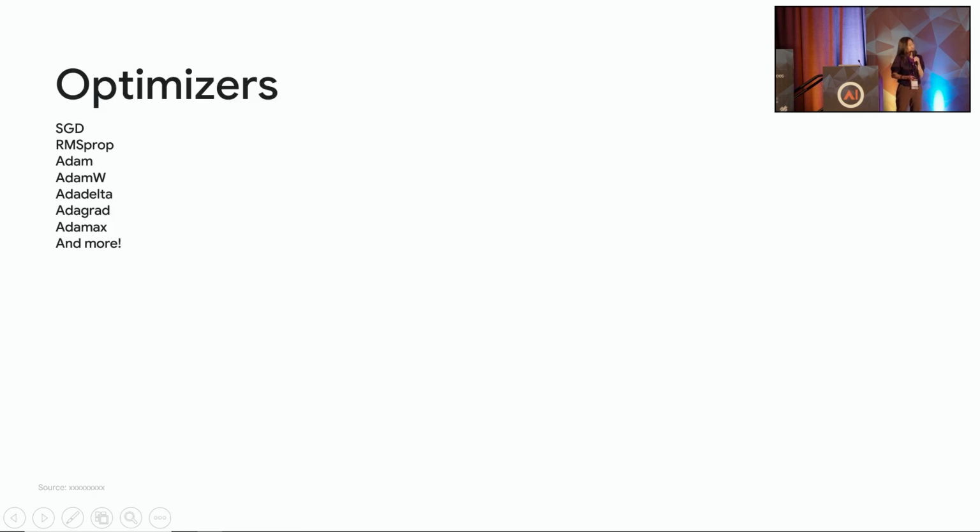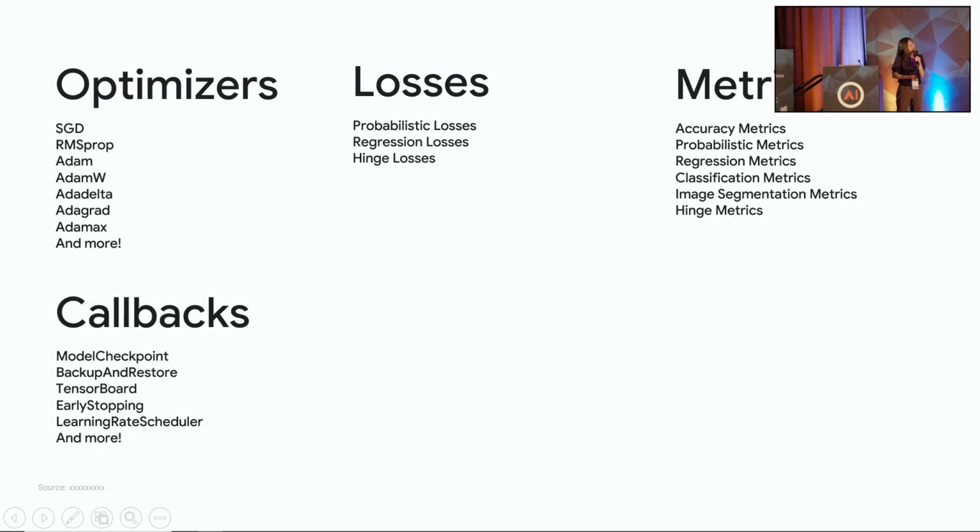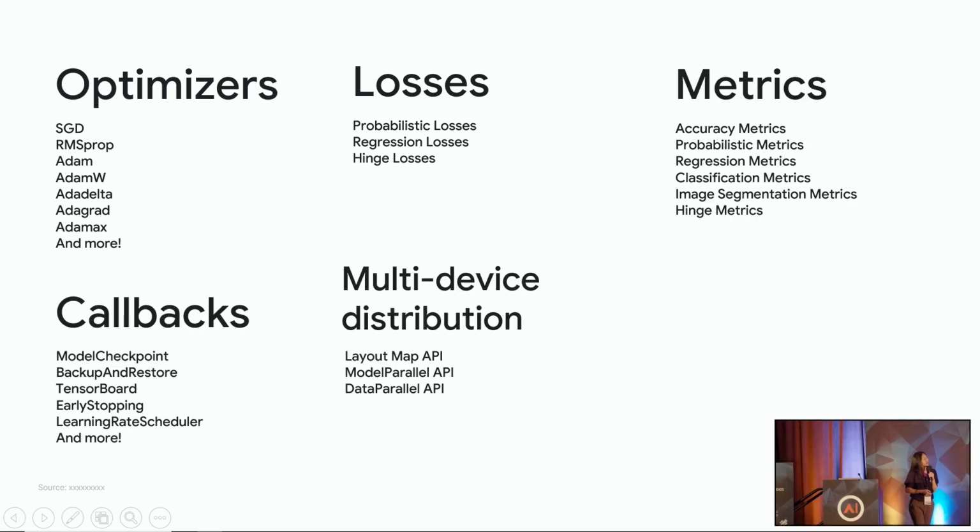We've got optimizers, losses, metrics, callbacks, multi-device distribution, which I'll give a brief overview of later as well. And all of these things work together with model.fit, the Keras training abstraction, and that's also one of the key APIs that make the Keras identity.